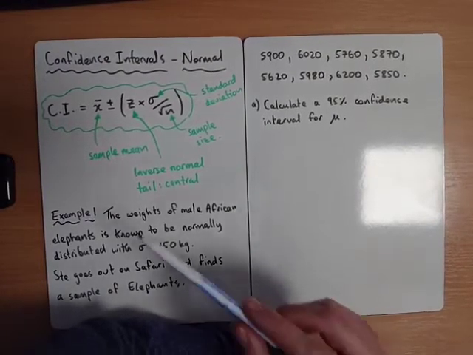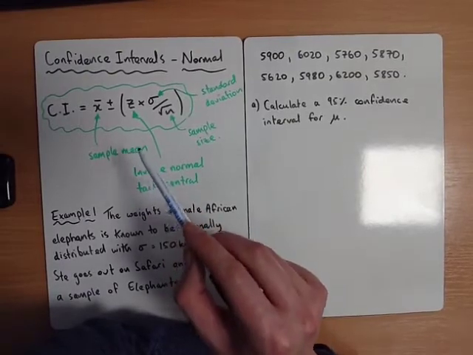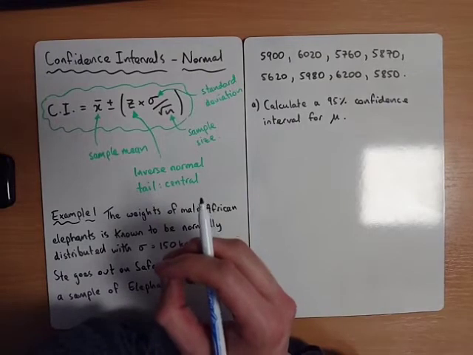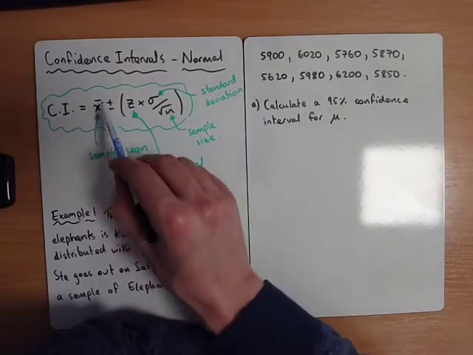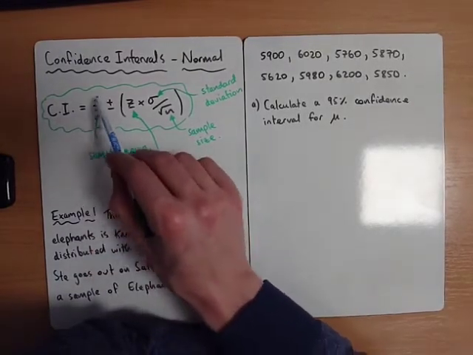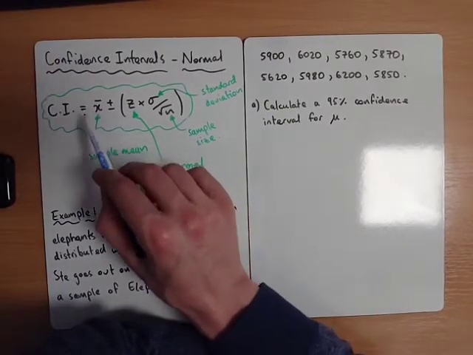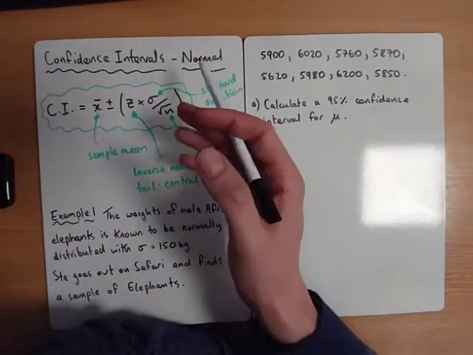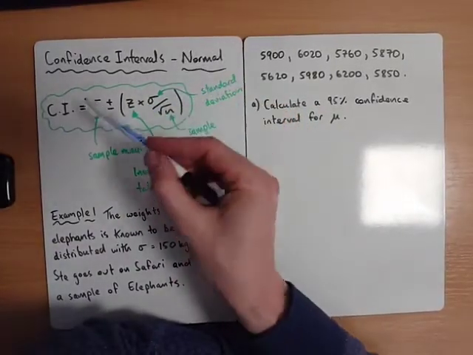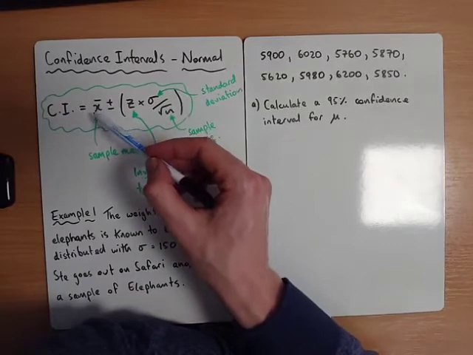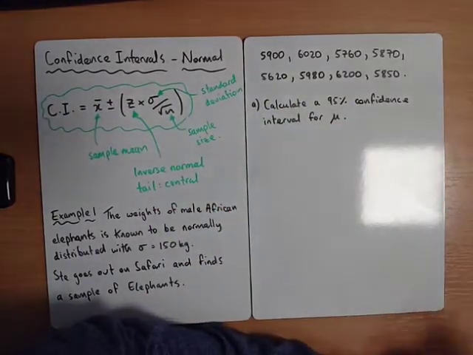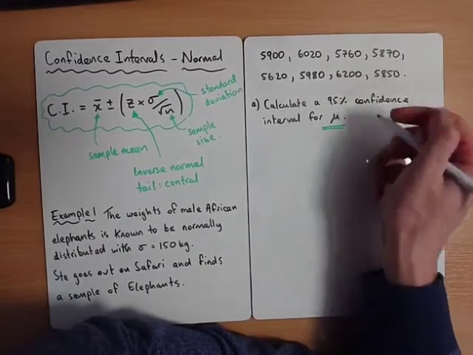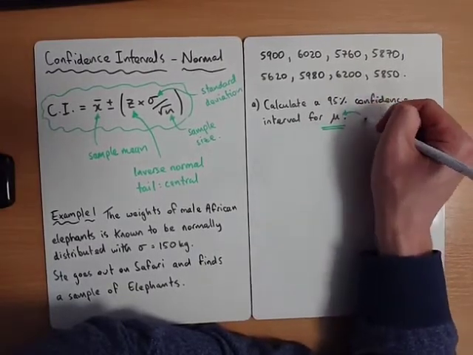So what confidence intervals can be used for is it's really useful to tell us about the average of a distribution. And all we have to do is go out and look at a sample. So we look at the sample mean. Just from our sample, imagine if you weighed 10 elephants or measured the height of 5 giraffes, taking the sample allows us to have a good idea about this, which is the population mean.